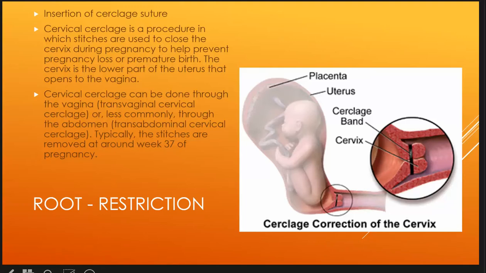This is typically done to prevent a premature labor process or premature birth or pregnancy loss. The woman may have symptoms of bleeding to the extent of there's that possibility. And this is also a temporary measure because they are going to then remove these sutures at a later date closer to term delivery. So it is a temporary measure.